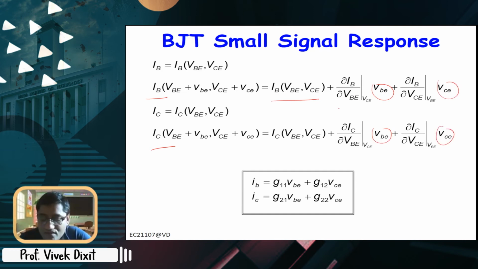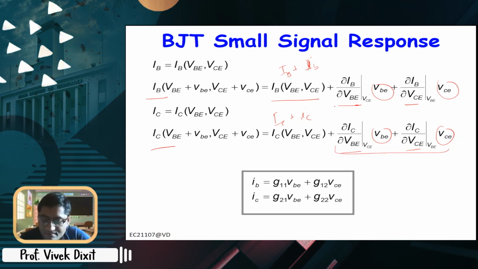So that you can write the derivative with respect to VB, derivative with respect to VC, and same thing for IC. And then you can write your IB total is basically IB DC plus IB AC, right? And this is IC DC plus IC AC.